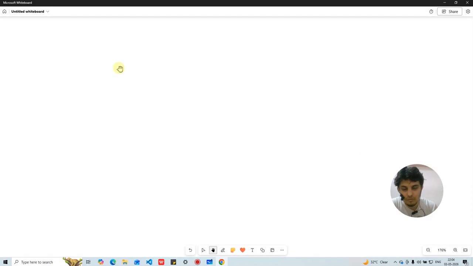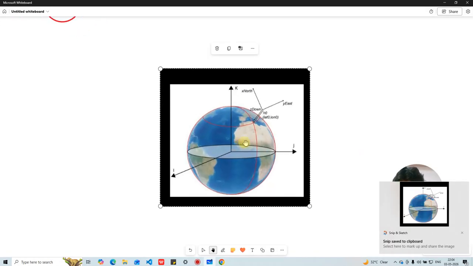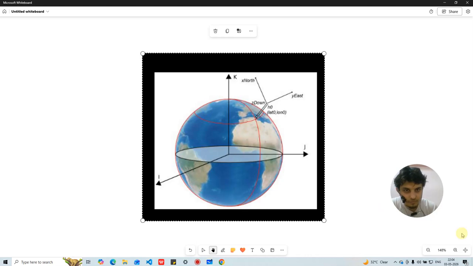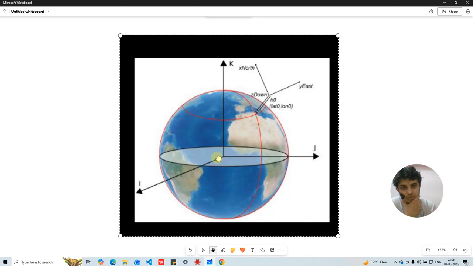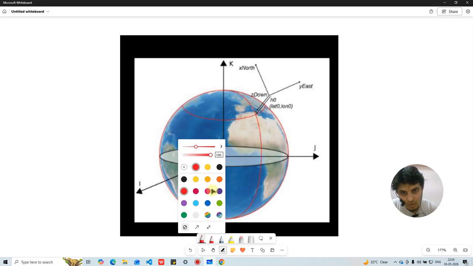So as we can see in this image, let's put it over here and zoom in. For example, we need to find out this point. What angle do I need to traverse to come to this point? Let's take a different color, white.